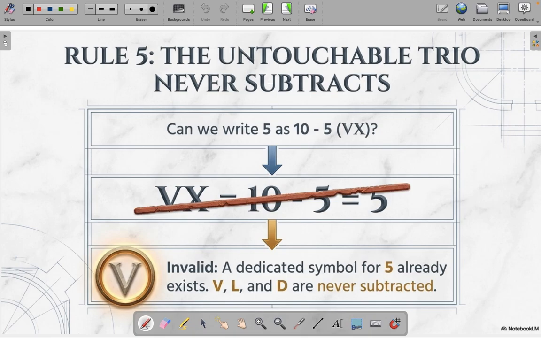Okay, so this was the example. So you cannot subtract V, L, or D from any number. Right? So let me give you some questions.